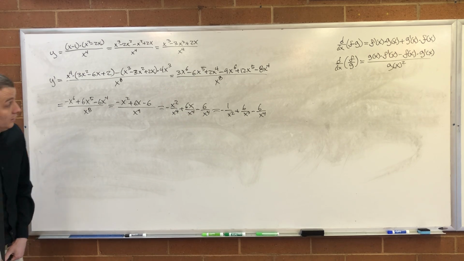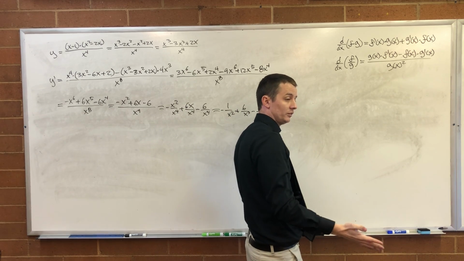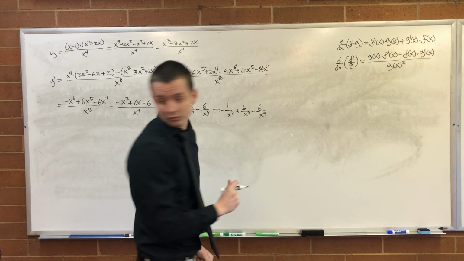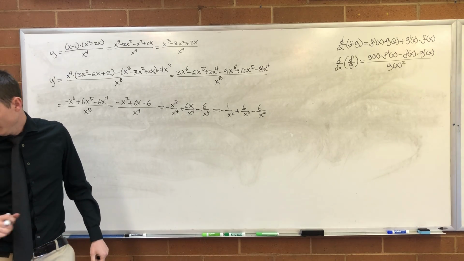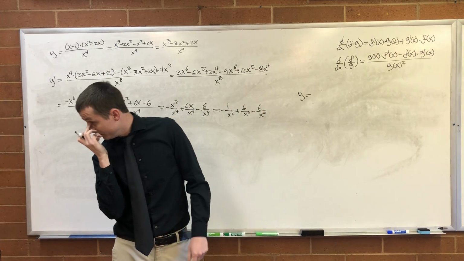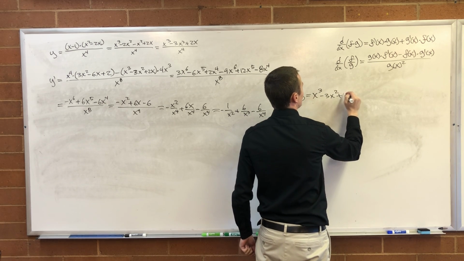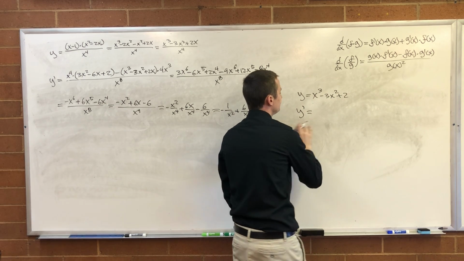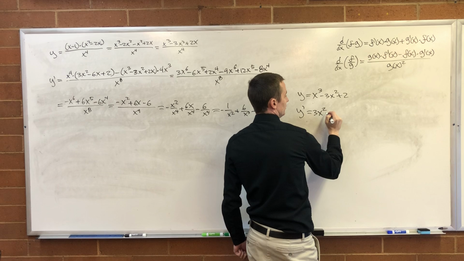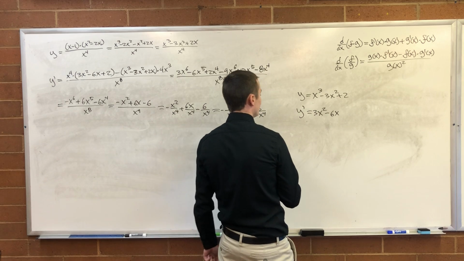Okay. Last thing we talked about in this section is the concept of taking higher order derivatives, which just means take the derivative again. So if I say y is equal to x cubed minus 3x squared plus 2, then y prime is equal to 3x squared minus 6x, right?